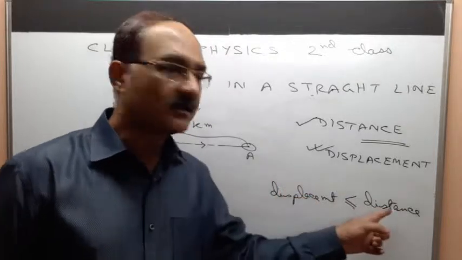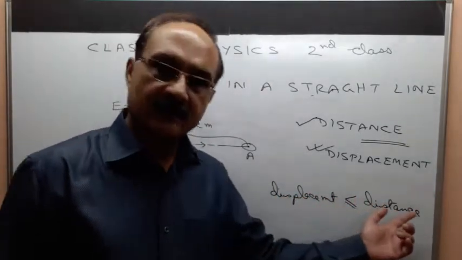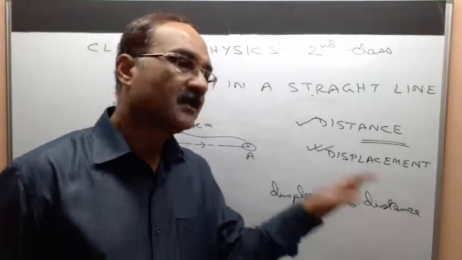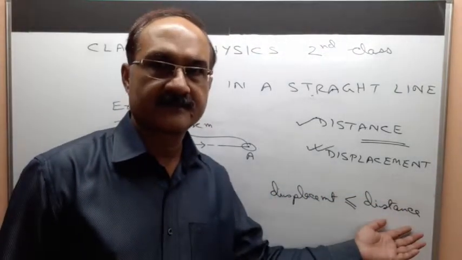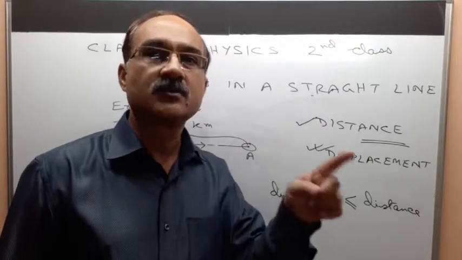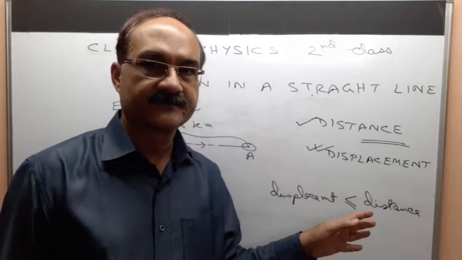It cannot be more than this. Displacement may be equal to distance, but it can never be more than distance traveled. Usually, displacement is less than the distance traveled, because displacement is the shortest distance between these 2 points. You should remember this point from exam point of view.